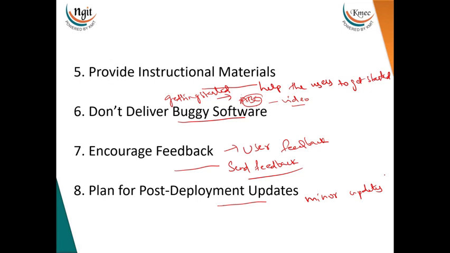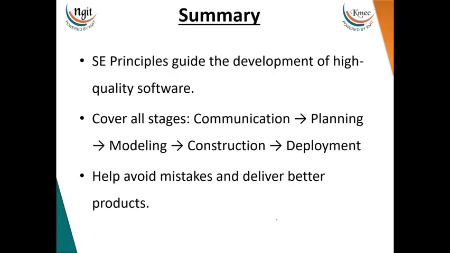Based on that, we have to plan for some kind of updates to the existing software, and we generally have the versions released, right? Those are under this post deployment updates. Suppose you got some ABC software 1.0, then you give 2.0 as an update. That is what it is saying.